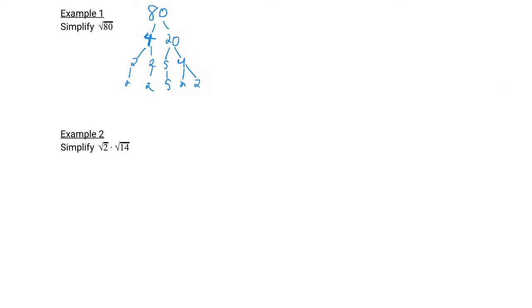So here's what we're going to do. The bottom row is all prime numbers. If they're pairs, I'm going to make a little v, and I'm going to write what that number is. So we have a pair of 2s, so we're going to have 2 here. There's also a pair of 2s, we're going to have 2 there. Anything not in a pair, I'm going to circle. So let's simplify.